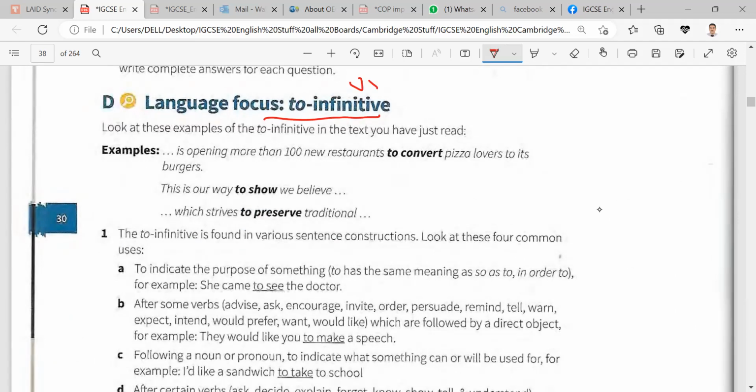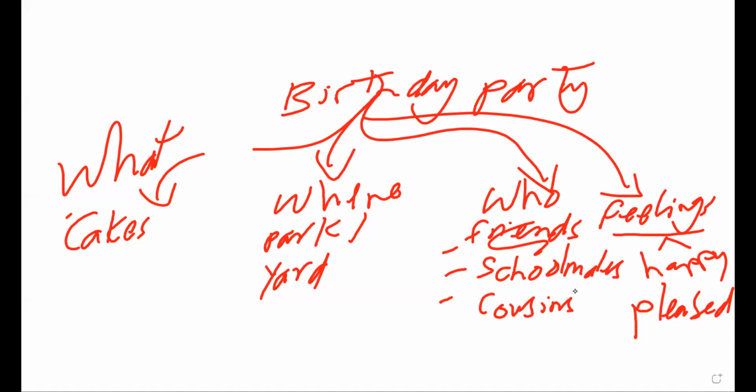If I ask you, Khalid, why do you study hard? Can you answer this question? Why do you study hard? To succeed. Perfect. So can you please answer in a complete sentence? I study hard to succeed.